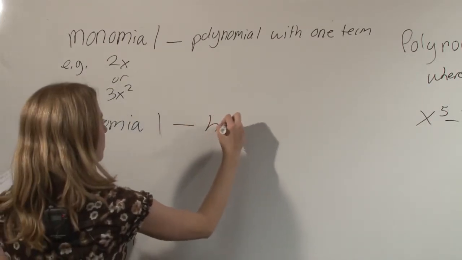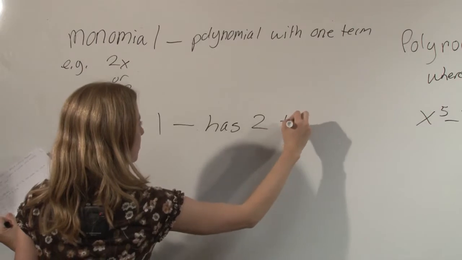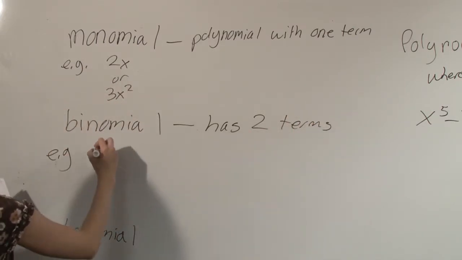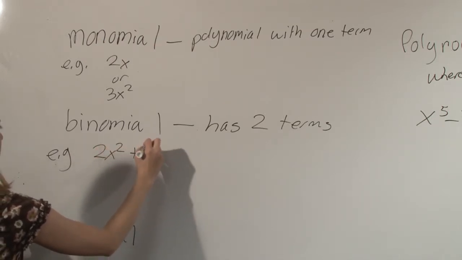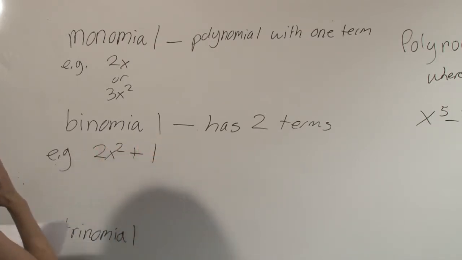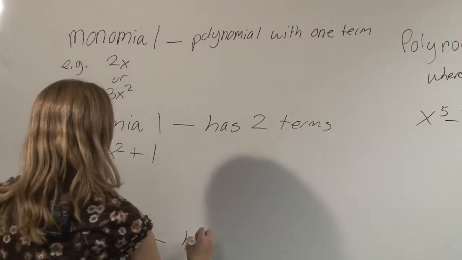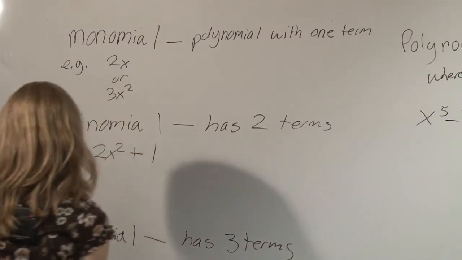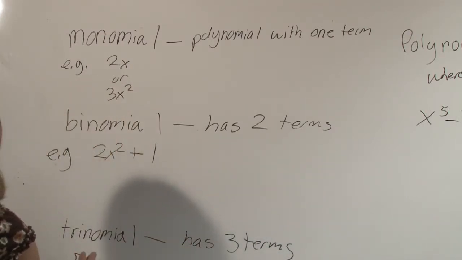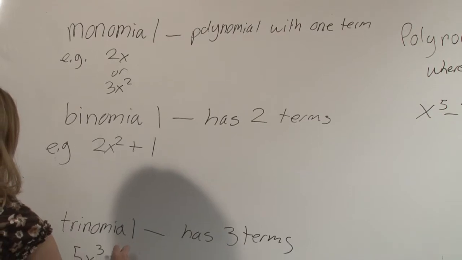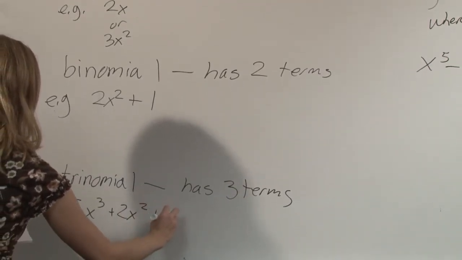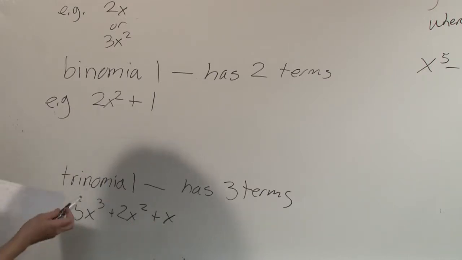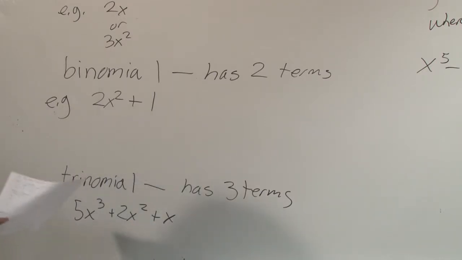Then a binomial has 2 terms. And the trinomial has 3 terms. For example, here's a polynomial with 3 terms.